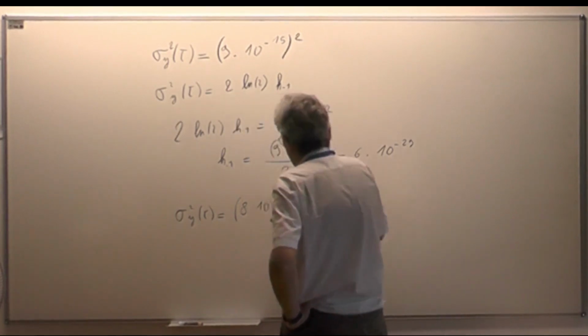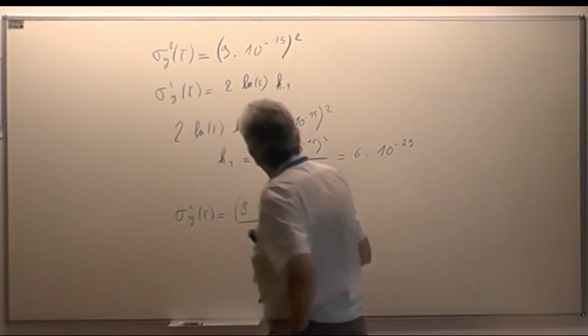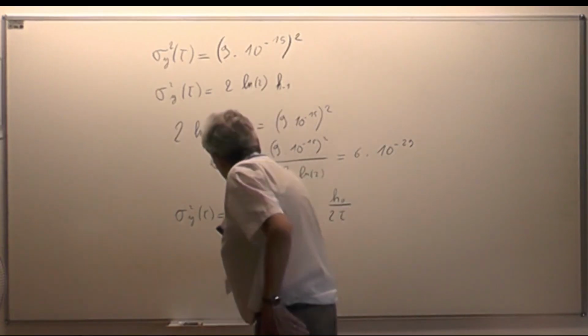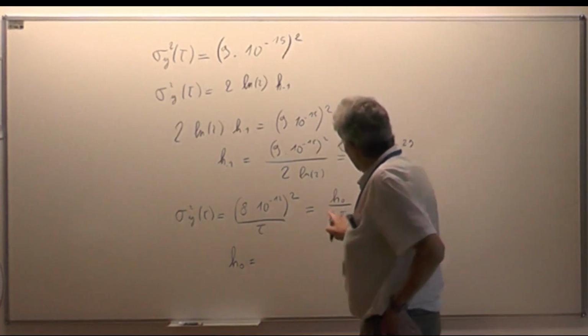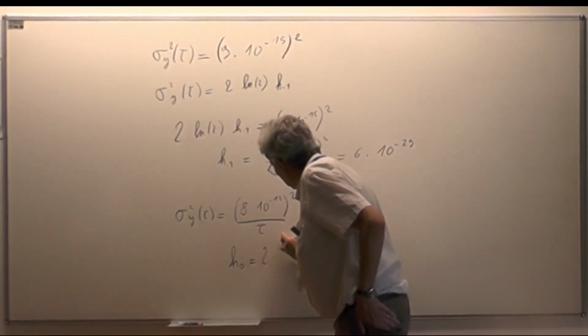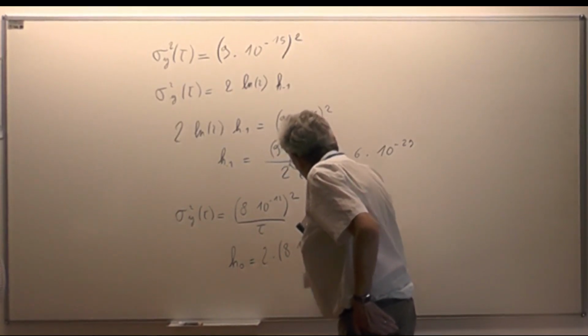I forgot something very important here, which is over tau. So H0 is equal to 2 times this, squared.